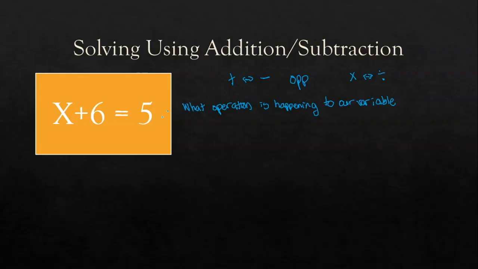So in this equation, we have x plus 6 equals 5. So we know where our x is, and we're going to ask ourselves what is happening. Okay, so there's a 6 here. The question is, is the 6 being subtracted from x? Is it being added, multiplied, or divided? Well, we can see the plus sign in between, so we can say that this 6 is being added to the x.